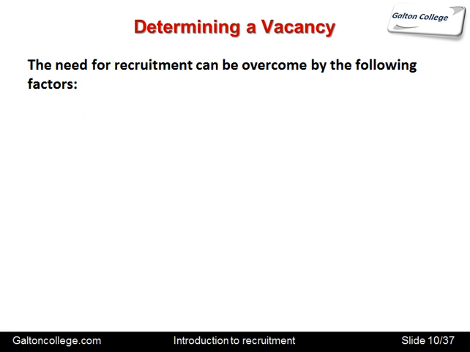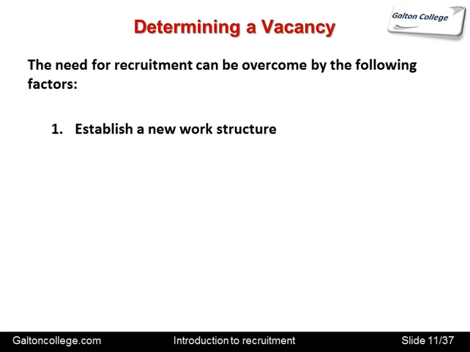The need for recruitment can be overcome by the following factors. So it doesn't necessarily mean that the organisation will go looking for a worker when perhaps someone leaves or the business expands. It could be that a new work structure is developed.